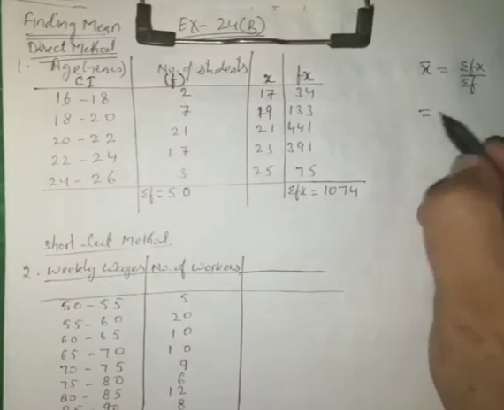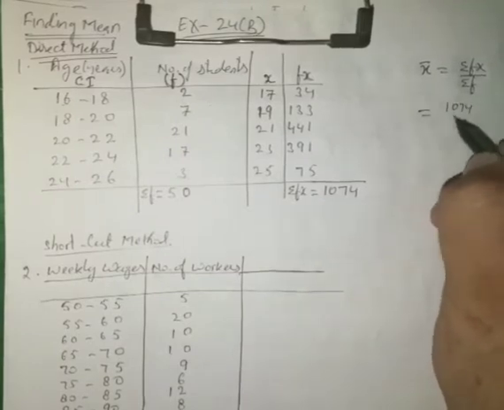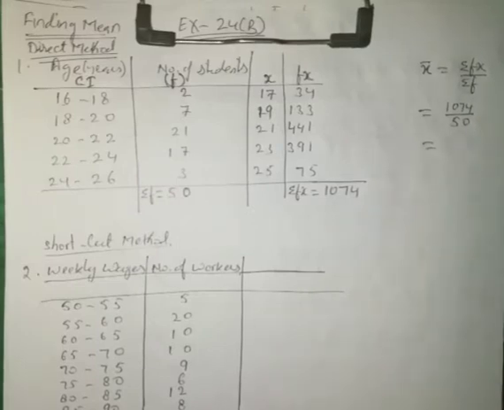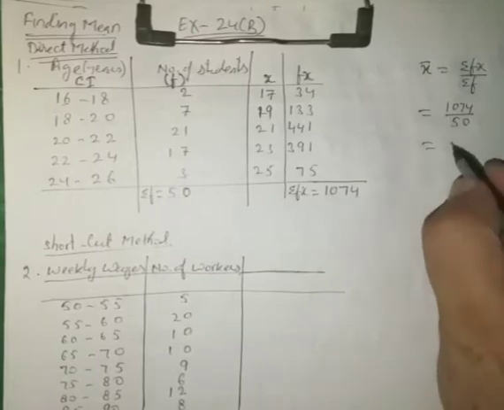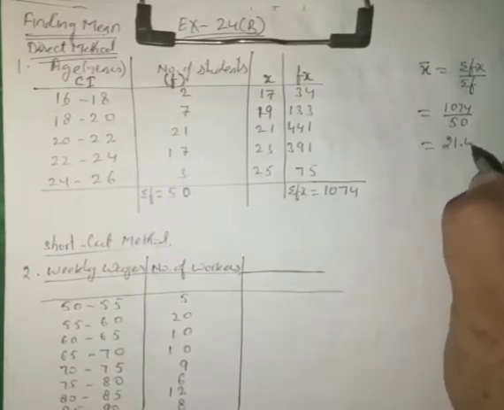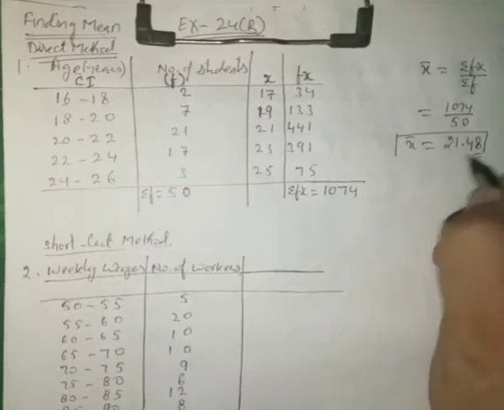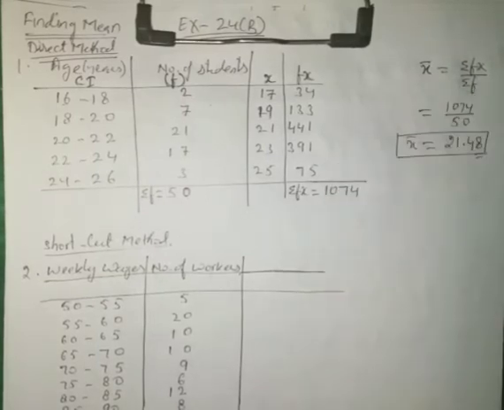So this will be equal to 1074 over 50, and if we divide this by 50, the answer is 21.48. This is the mean of the given data, and this is called the direct method.